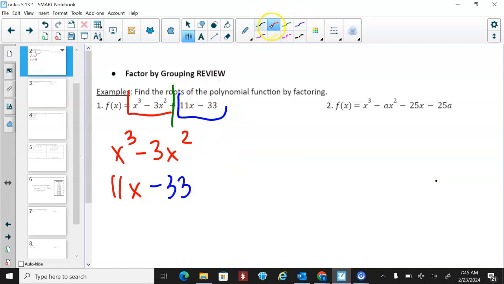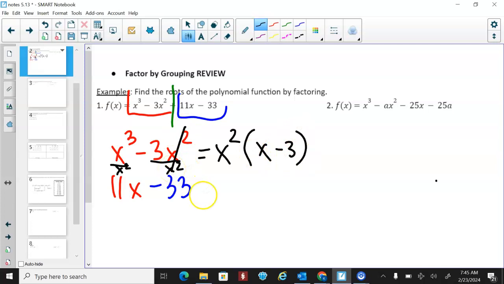Now I'm going to try to take a greatest common factor out of both. Between x cubed and negative 3x squared, I can take out x squared. If I divide x cubed by x squared, I'm going to get x left. If I divide negative 3x squared by x squared, I'm going to get negative 3 left. Now, on the 11x and negative 33, I can take 11 out of both.